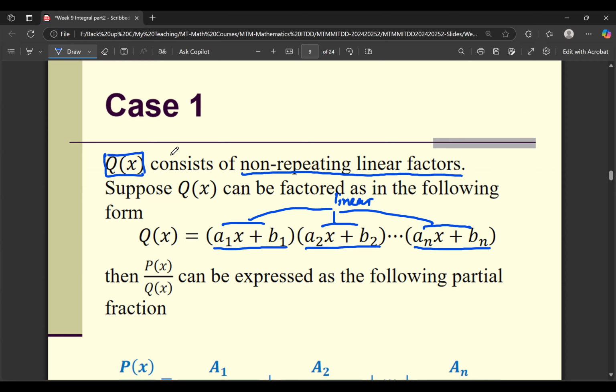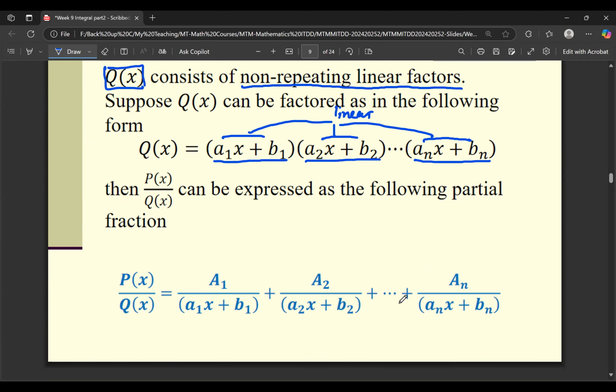Now, for this case, if Q(x) has non-repeating linear factors, the partial fraction of P(x) over Q(x) will be like this.